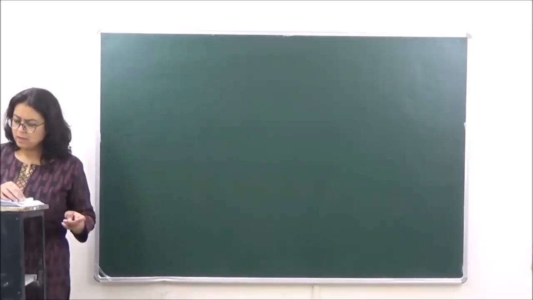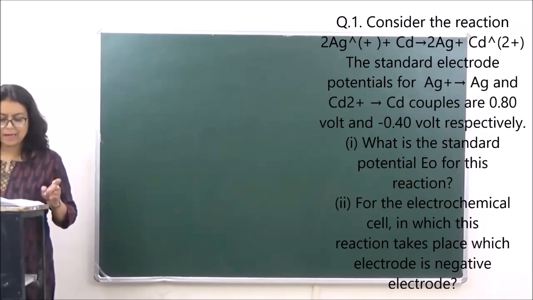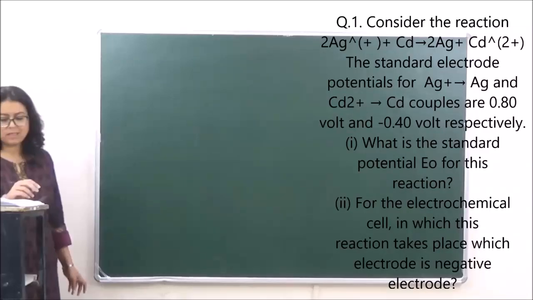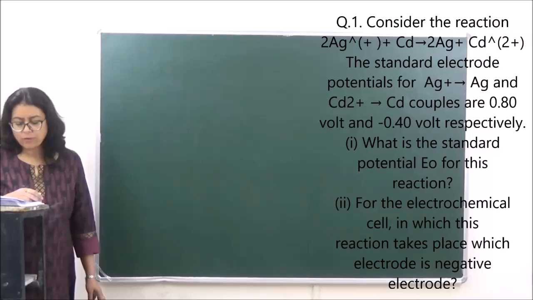The first question is: consider a reaction 2Ag positive plus Cd to give 2Ag plus Cd2 positive. The standard electrode potential for Ag positive to Ag and Cd2 positive to Cd couples are 0.80 volt and minus 0.40 volt respectively.